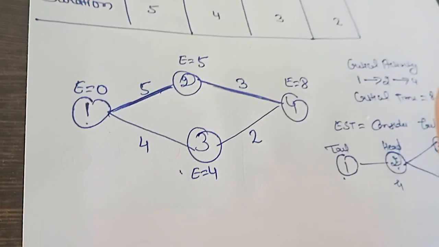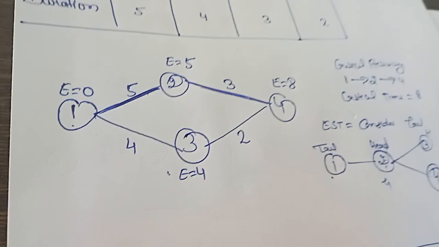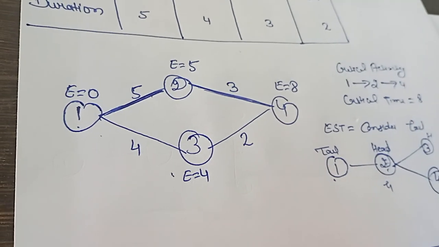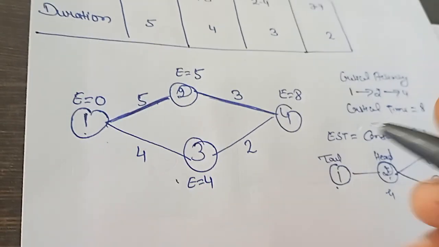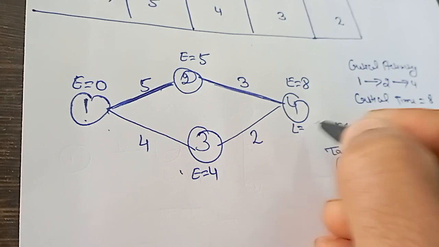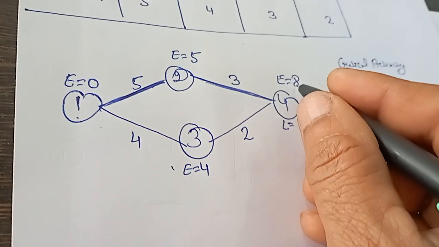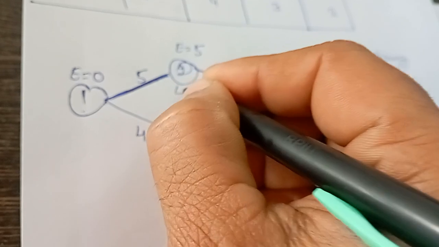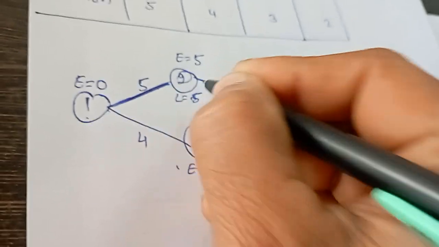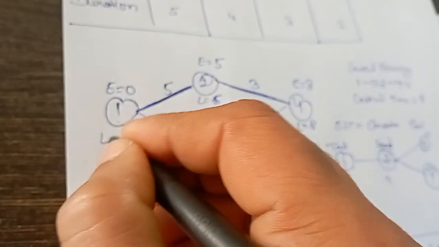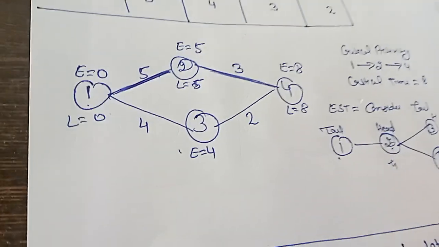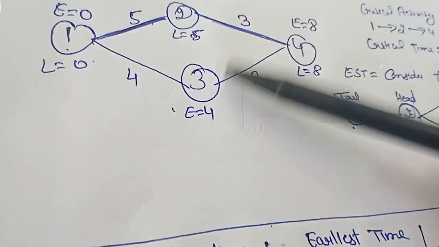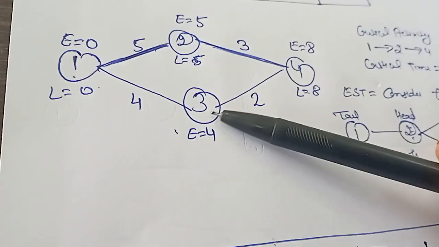Means जो एक्टिविटी हमारी क्रिटिकल पाथ में आएंगी उनकी अर्लीएस्ट एंड लेटेस्ट टाइम विल बी सेम. That's why we directly put the value here. E is equal to 8 and L is equal to 8, E is equal to 5 and L is equal to 5, E is equal to 0 and L is equal to 0. We calculate only this point latest.